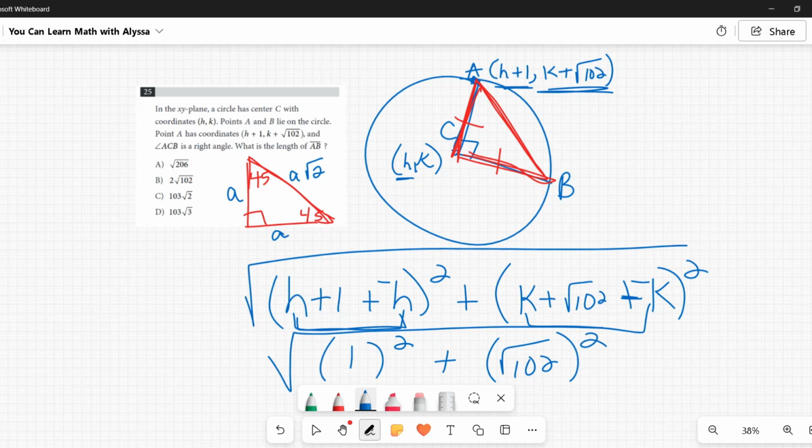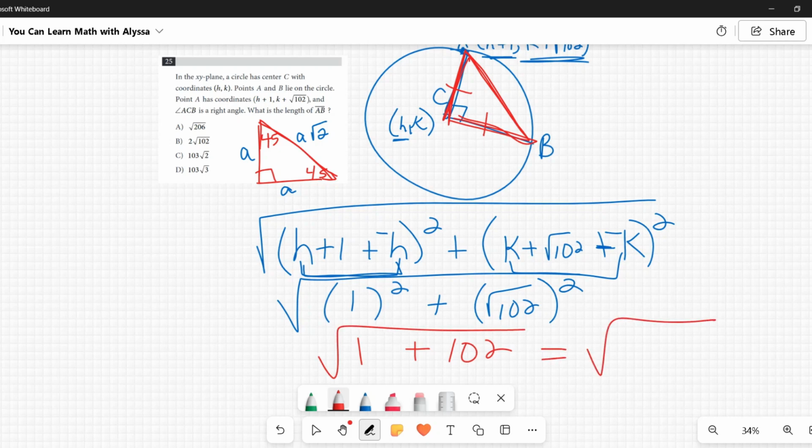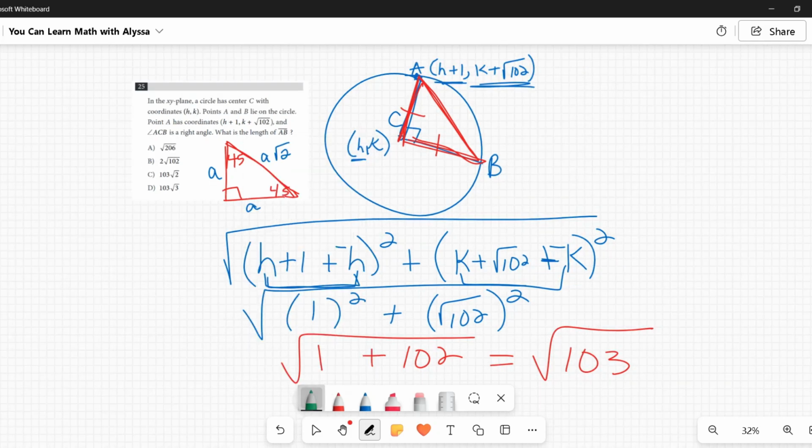So the square root of 1 squared plus square root of 102 squared. 1 squared is just 1, and the square root of 102 squared is 102. So that is the square root of 1 plus 102, or 103. Now I know my radius is the square root of 103.